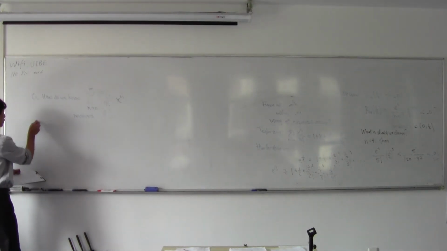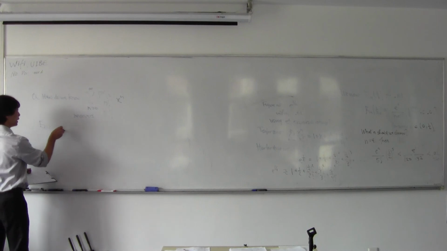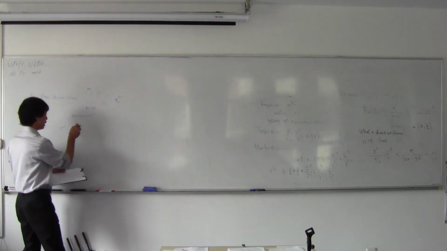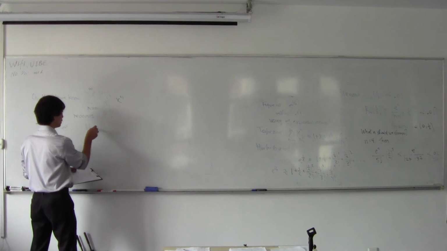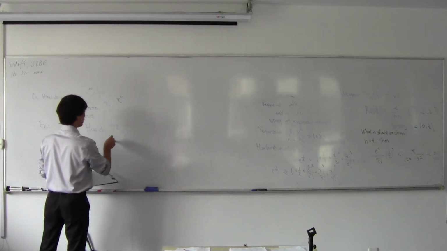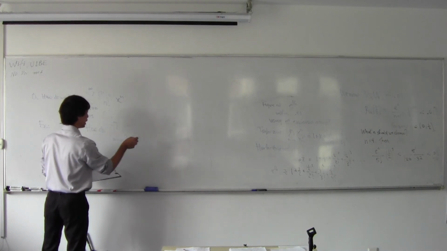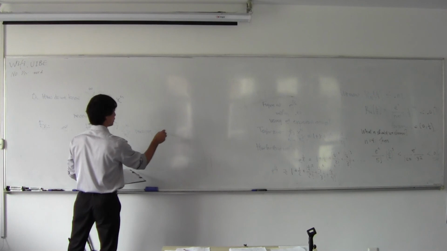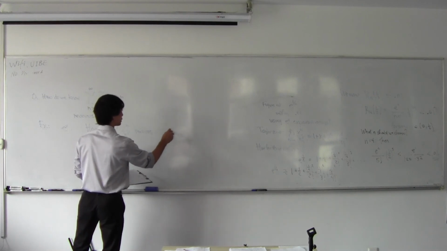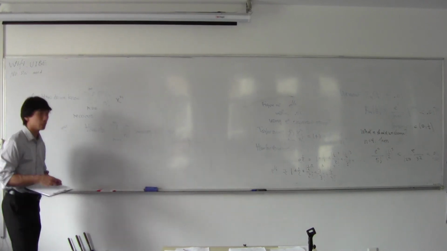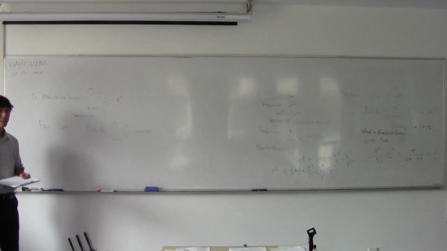Let me give an example. e to the x. How do we know that the sum of x to the n over n factorial, n from 0 to infinity, actually recovers e to the x everywhere, for all x? Let's see how that works.